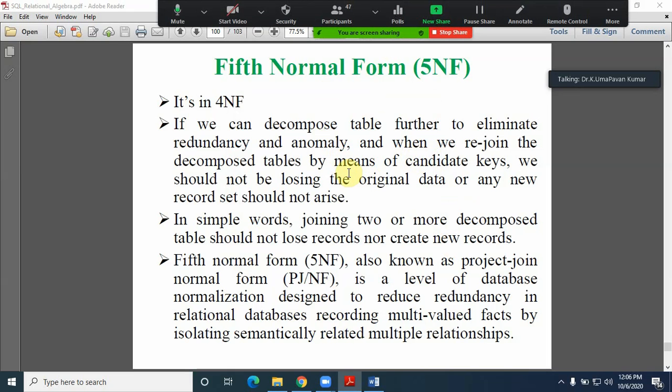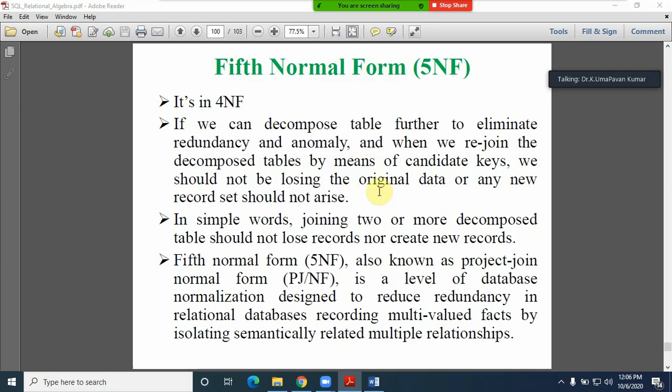So if you are referencing the fifth normal form, this particular normal form allows us to decompose the table further to eliminate redundancy and anomaly. And when we rejoin the decomposed tables by means of the candidate keys, because some property must be there, friends, just like that we cannot rejoin the tables. There are certain candidate keys or primary keys, and we should not be losing the original data.